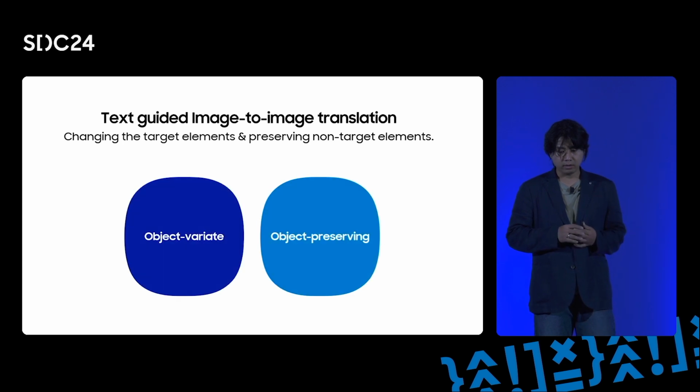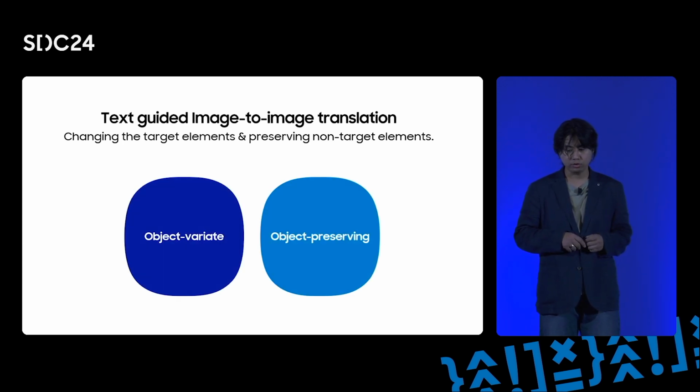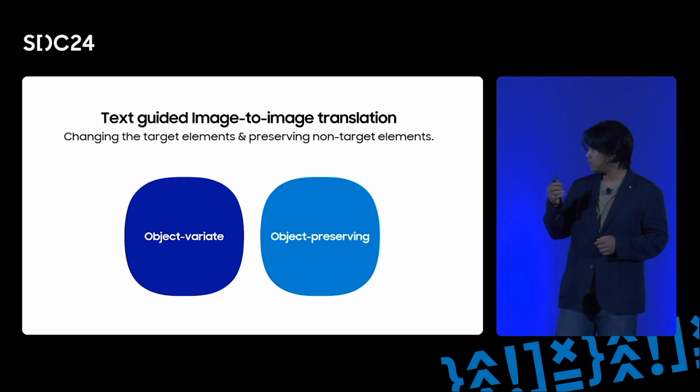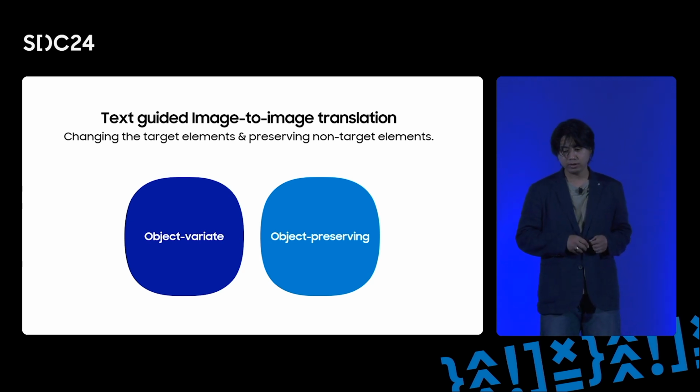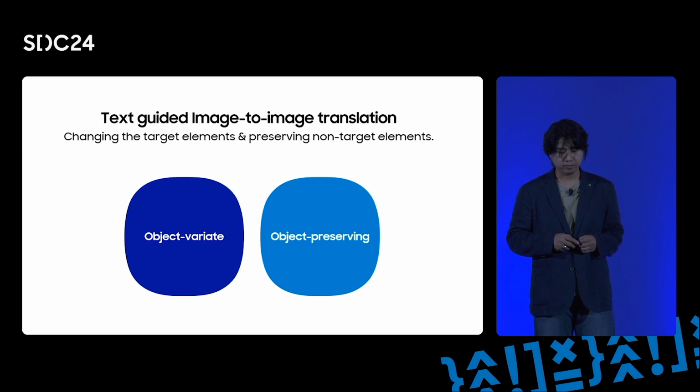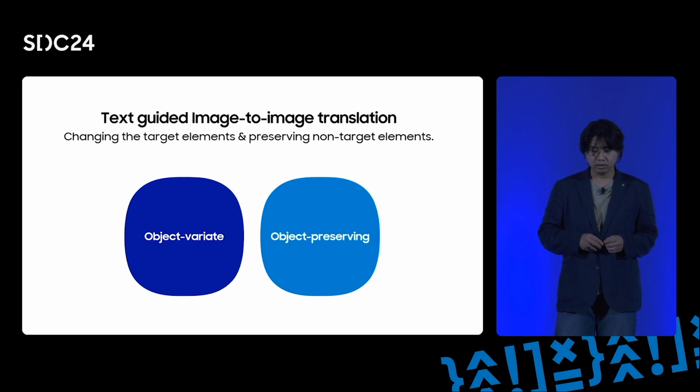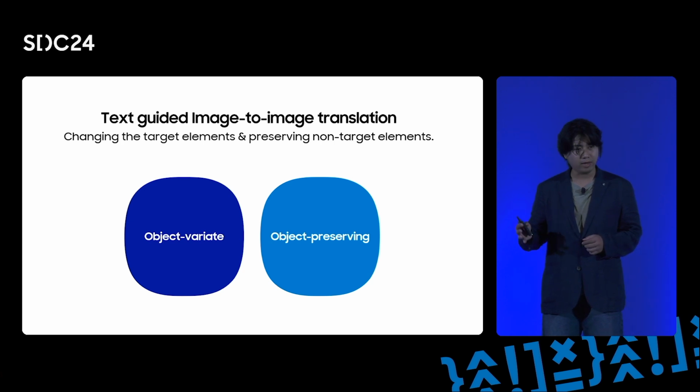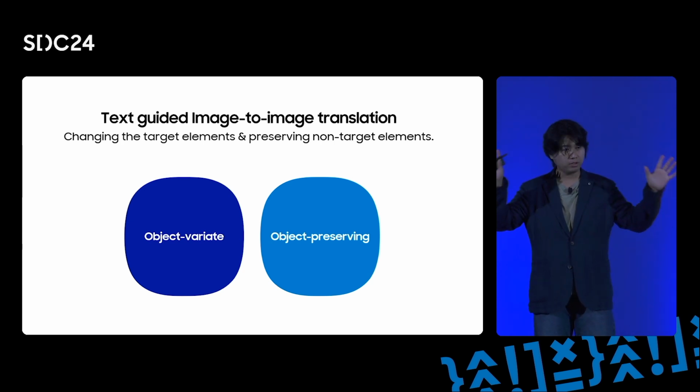On the other hand, text-guided image-to-image tasks are categorized into two tasks. One is object variate, and the other one is object preserving. In the object variate task, the main object is modified while preserving the background.